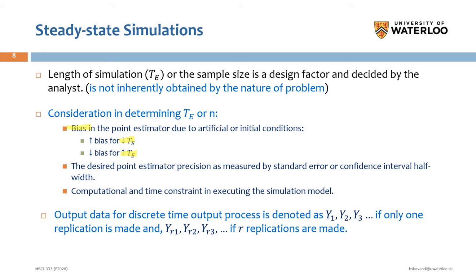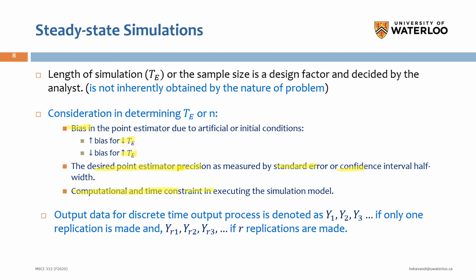The other one could be the desired point estimator precision. We have learned how we can obtain this by having a standard error and the half width of the confidence interval. And the third consideration here is computational and time constraints in executing the simulation model.